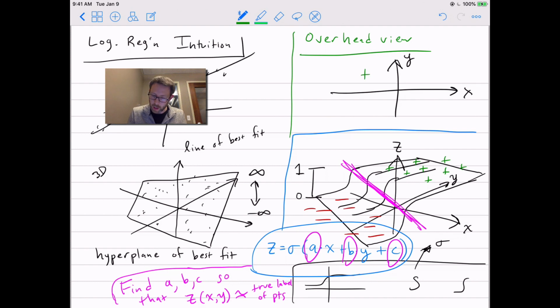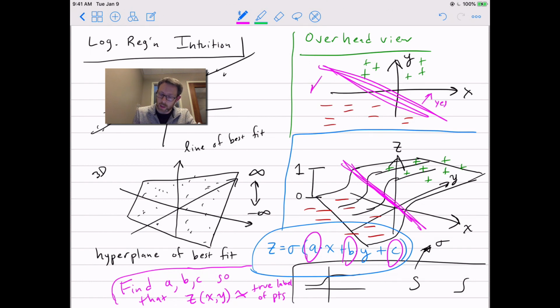They look to me like they're positive Y. I'm just going to draw the pluses up here, and then I'll draw a bunch of minuses down here. And then that magenta decision curve ends up being here, and this is basically capturing the cutoff line where anything here is a yes, anything on the other side is a no, and this is called a decision boundary, which kind of makes sense. So that's some intuition behind logistic regression.